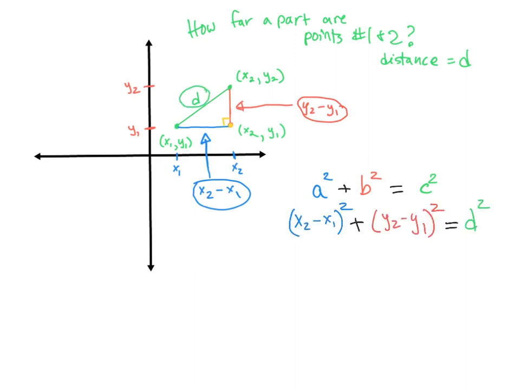Since I don't know where these points are exactly, I don't have the exact numbers, this is really not something I can do much to simplify. But since the end product I want is just plain old d and not d squared, we're going to use our friend square root. We're taking the square root of both sides.